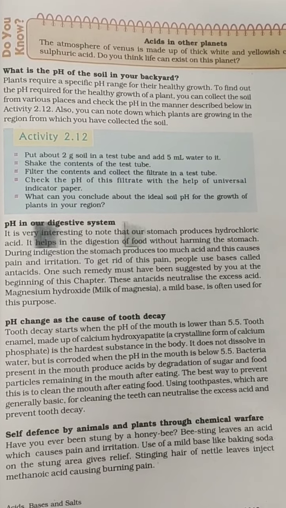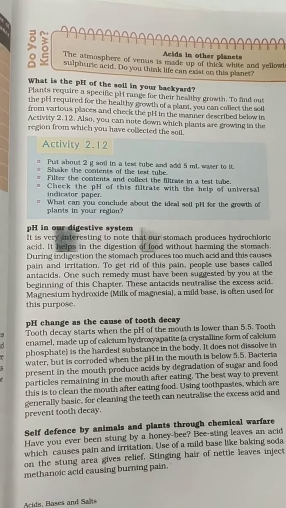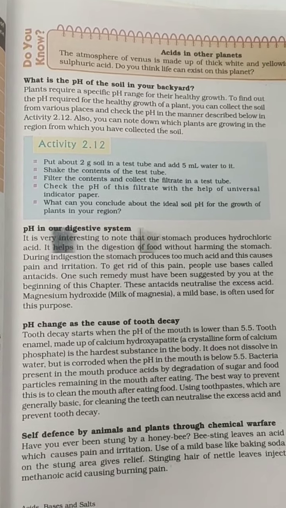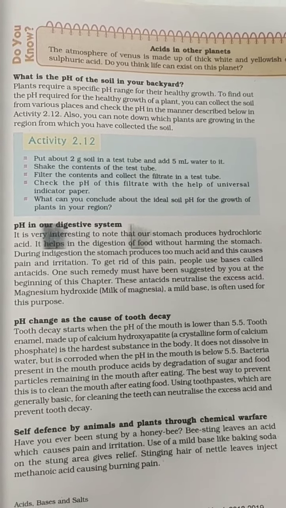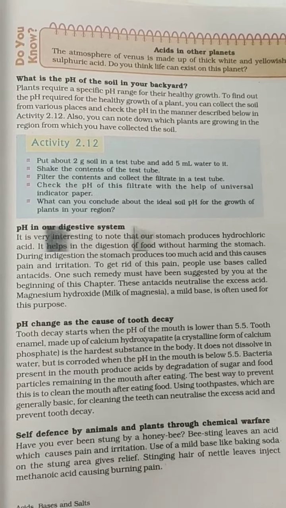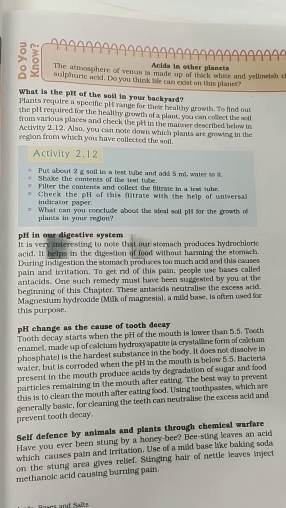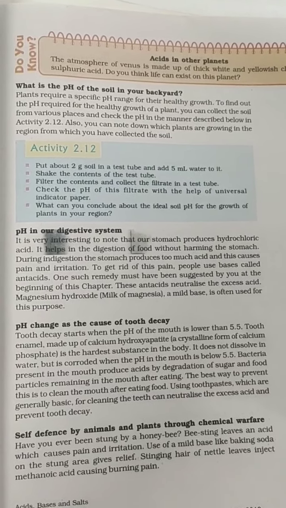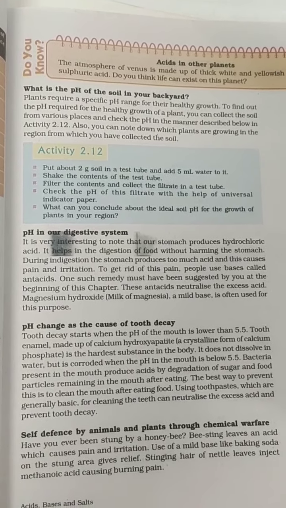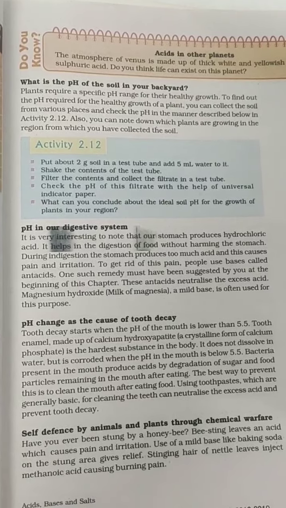So next is pH changes, which cause tooth decay. When the food we eat is in our mouth, the digestion takes place. Due to our saliva, the food gets disintegrated, and sometimes the pH level of our mouth changes. When it becomes less than 5.5, it is more acidic.